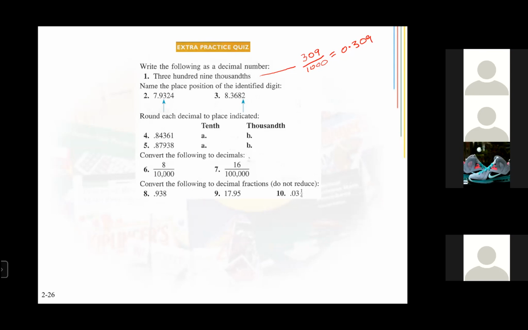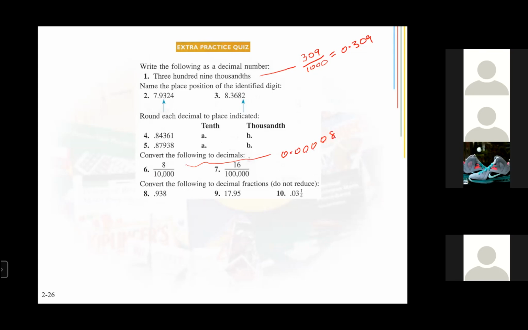All right, Mr. Butler. Number 6, they want you to convert to decimals. So 8 over 10,000 would be 0.00008. Okay, let's see now. 1, 2, 3, 4, 5.